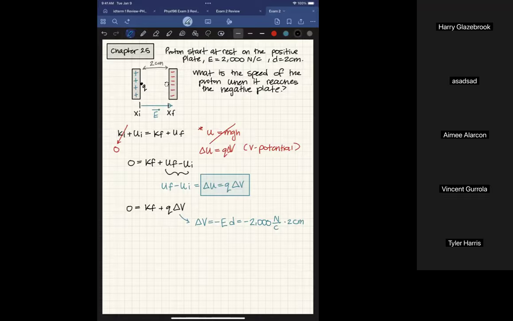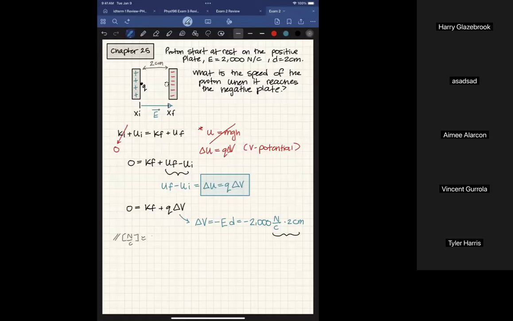First things first, some of you might be like, our units don't cancel. What's going on here? As a little side note, we actually have two different ways of writing the units for electric field, and they're identical. Electric field units can be newtons per coulomb, and we had that when we were looking at the force picture.